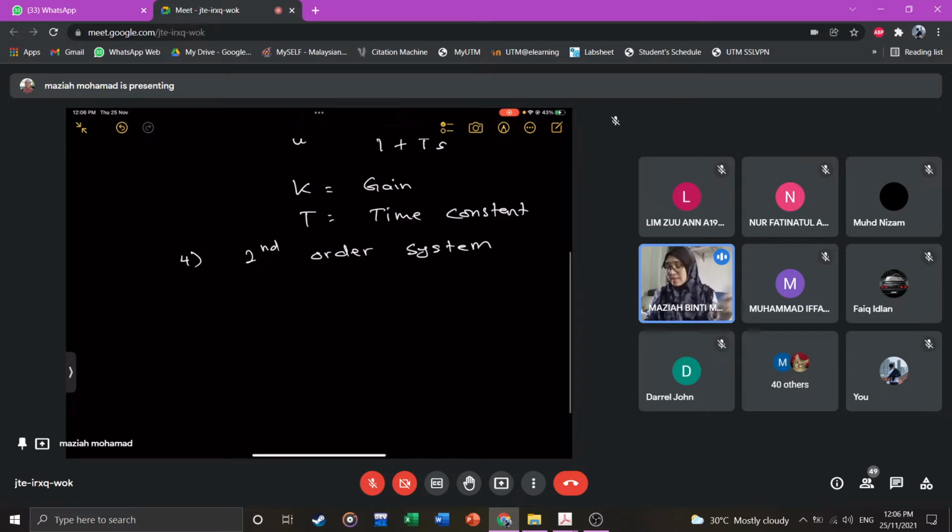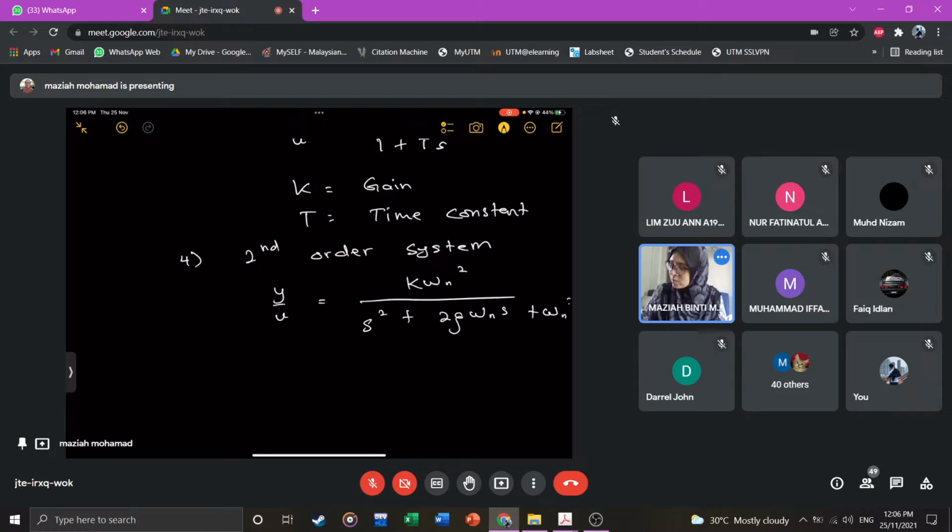On Tuesday, 2 hours on Tuesday, we learn about second order system, where the transfer function is K omega n squared over s squared plus 2 zeta omega n s plus omega n squared, where the parameters that we're going to calculate are percentage overshoot MP, rise time, T1, T2, settling time.